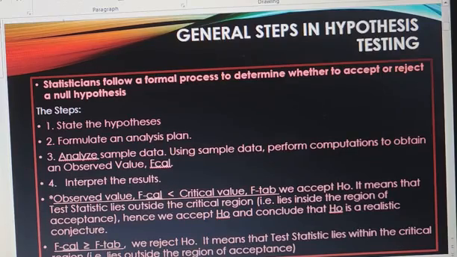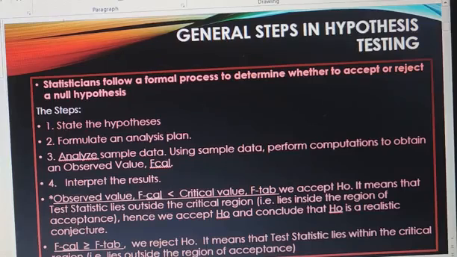Test method. Typically, the test method involves a test statistic and a sampling distribution. Computed from sample data, the test statistic might be a mean score, proportion, difference between means, difference between proportions, z-score, t-score, chi-square, and so on.